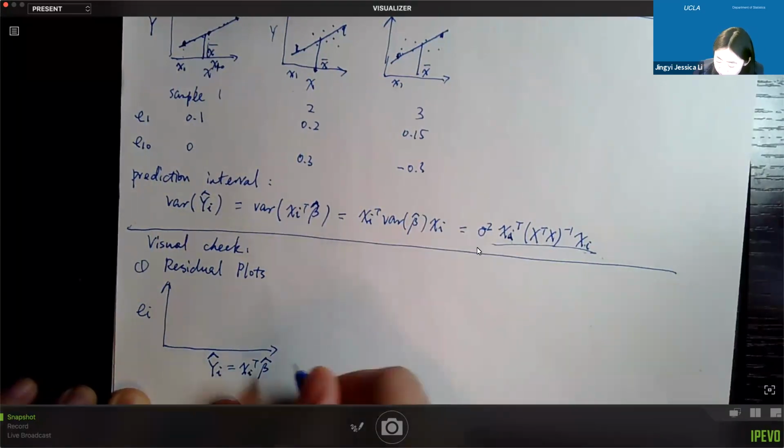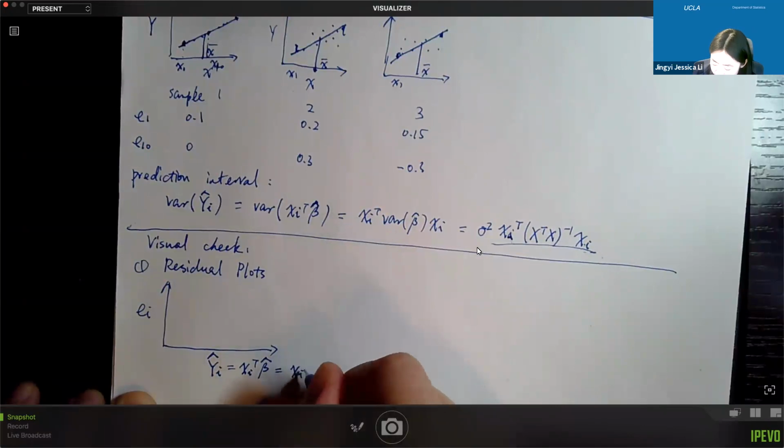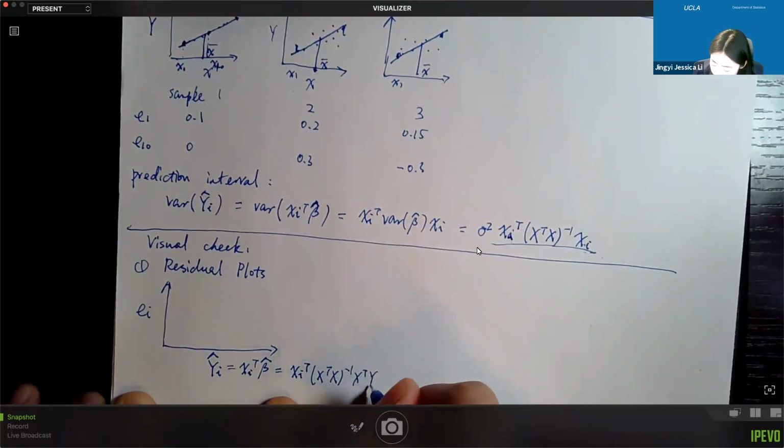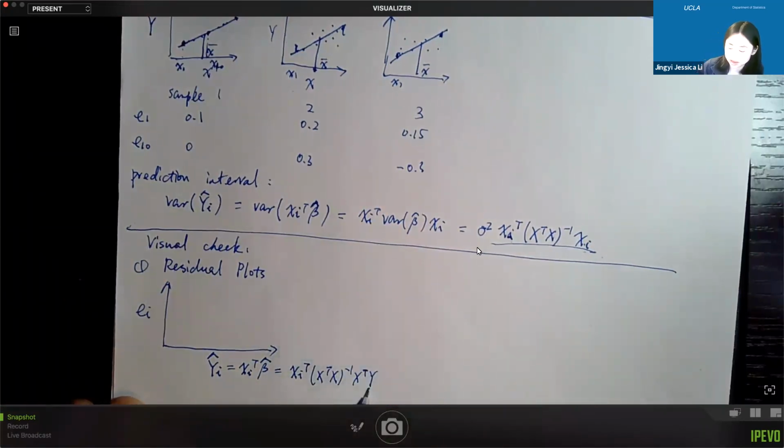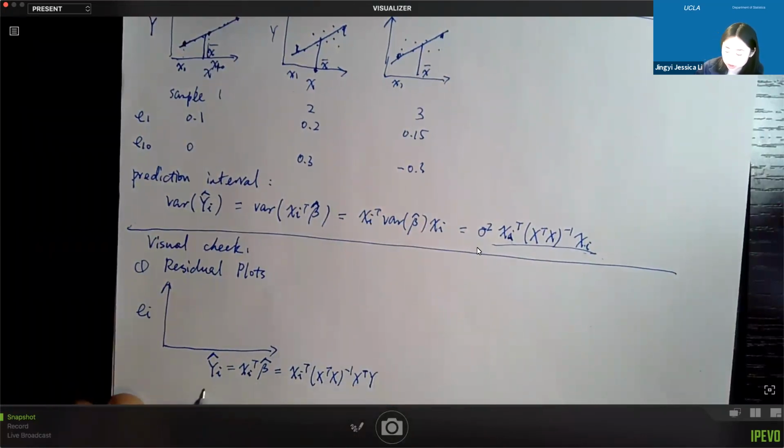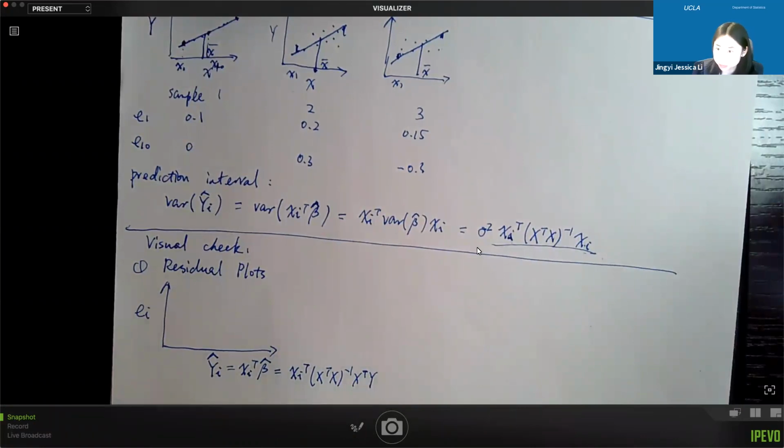And furthermore, you can see that this is actually just equal to xi transpose times that OLS formula, right? So it's still a linear function of y, and y1 to yn are all incorporated into this yi hat. So if you look at this formula again, you can see that we have used a very important principle in statistics.